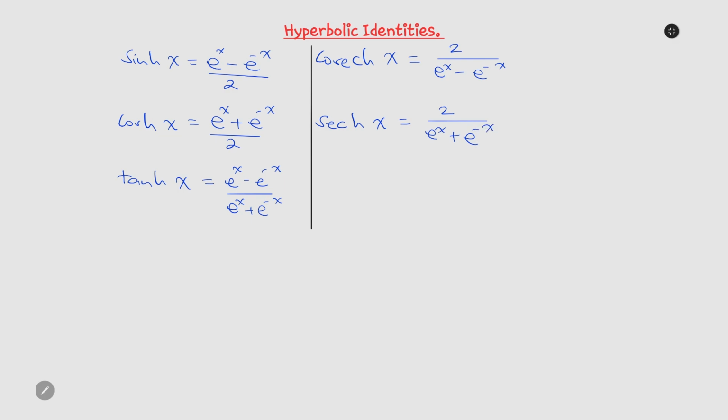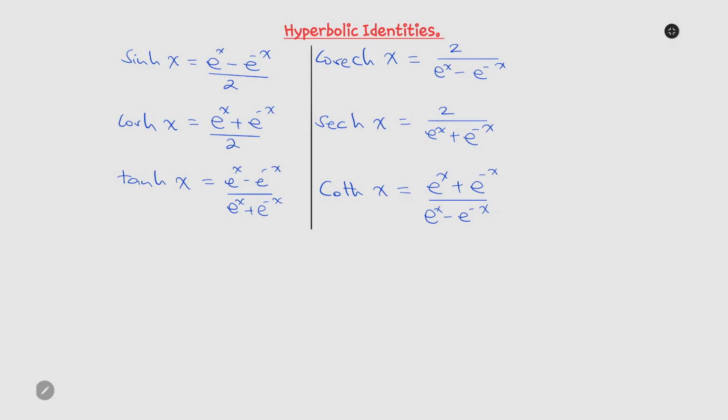And 1 over tanh x will be coth x, which is exponential x plus exponential negative x over exponential x minus exponential negative x. It is the reciprocal of tanh x, so what was in the denominator becomes the numerator, and the numerator becomes the denominator. That's what we mean by reciprocal, or 1 over.